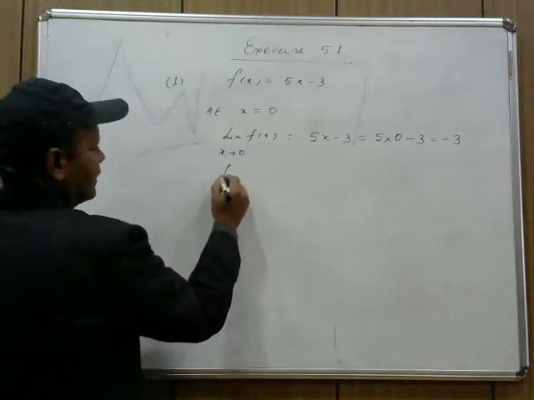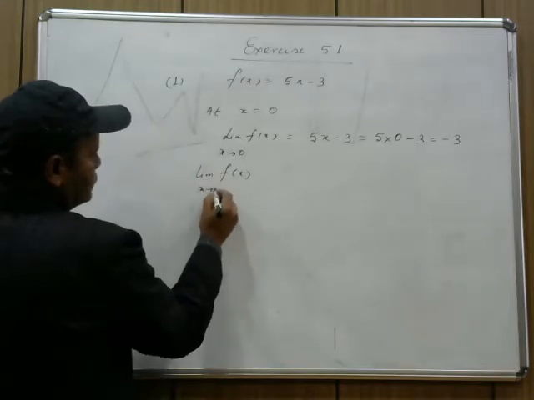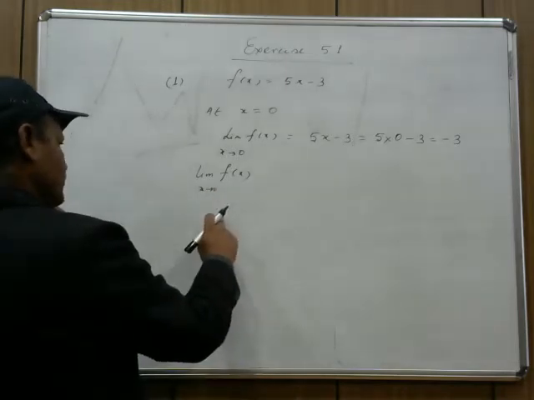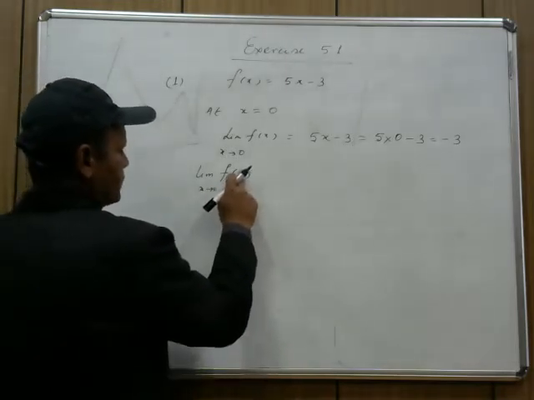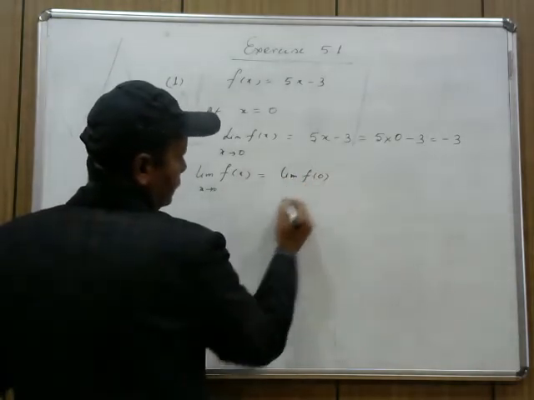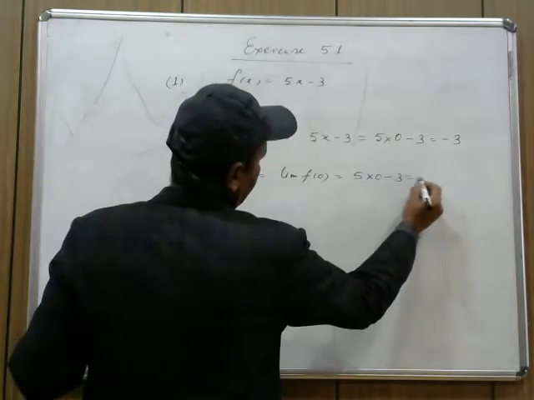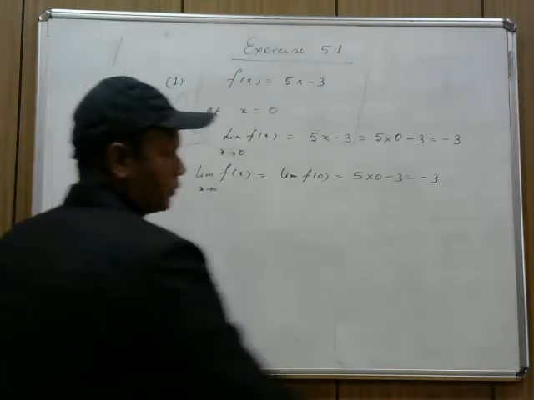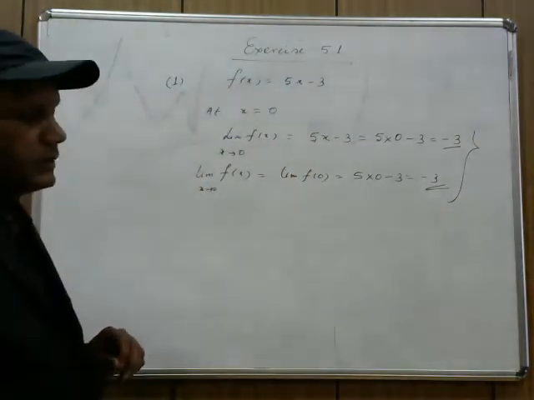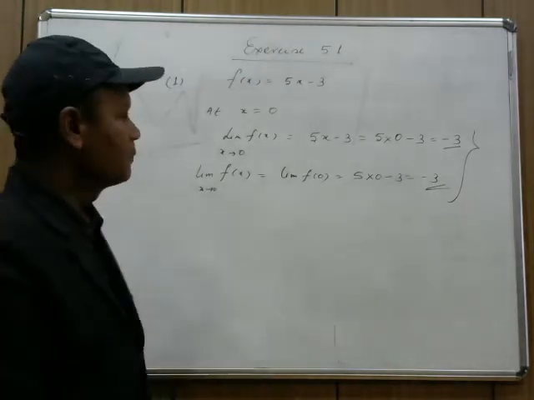And if I put the value x equal to 0 in f of 0, then also you get 5 into 0 minus 3, that is equal to minus 3. I can do it in this step also, here minus 3 and minus 3 are both the same. But I'll suggest you go for this so that we have the complete practice.